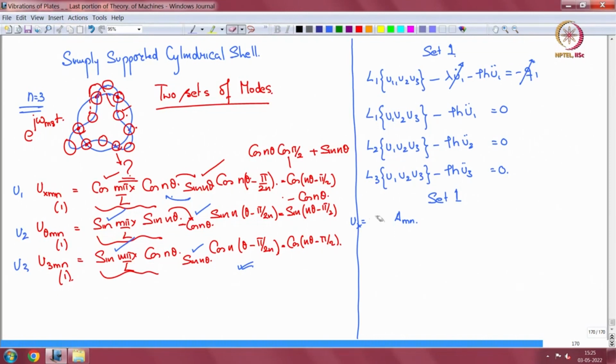So we will say UXMN is equal to AMN cos m pi x by L cos n theta, and we want natural frequency, so we set the time as e to the power j omega t.